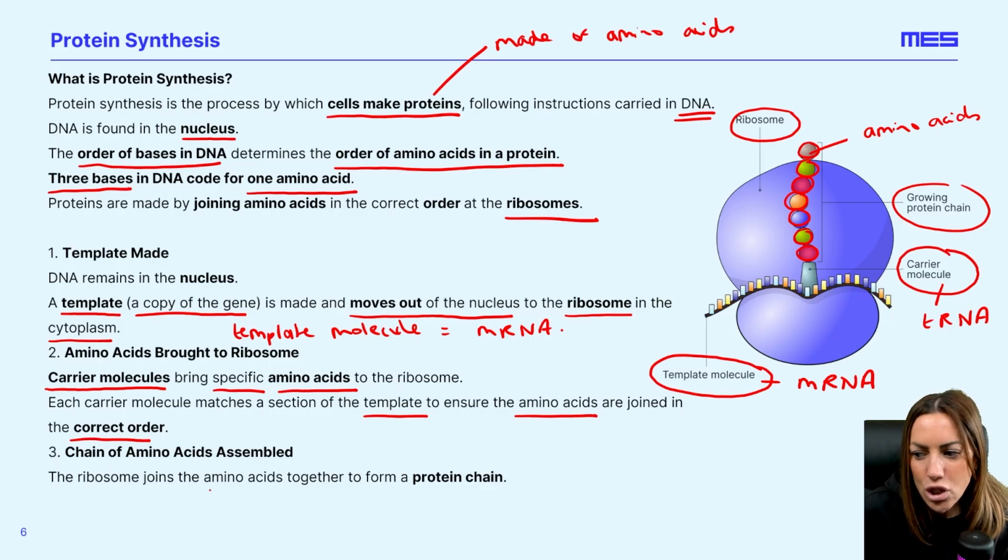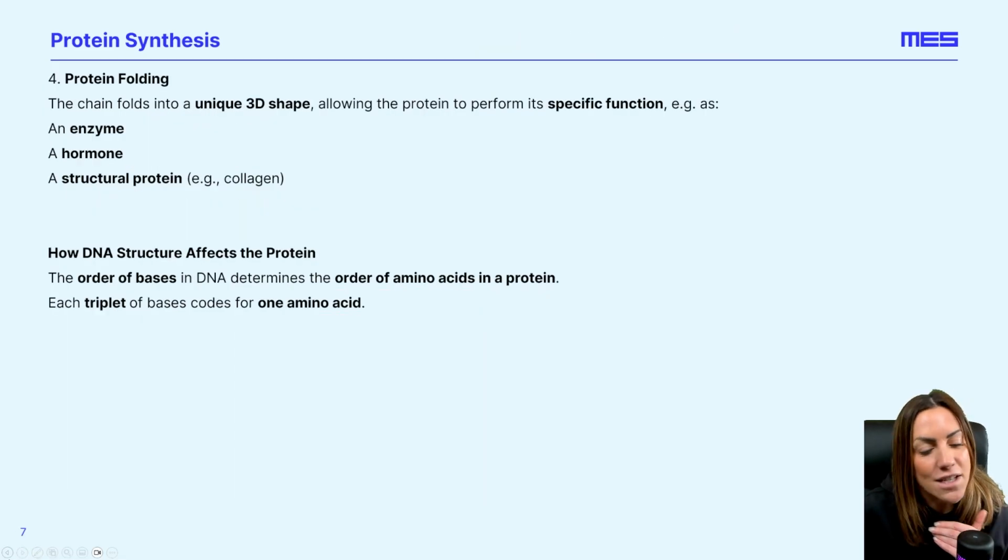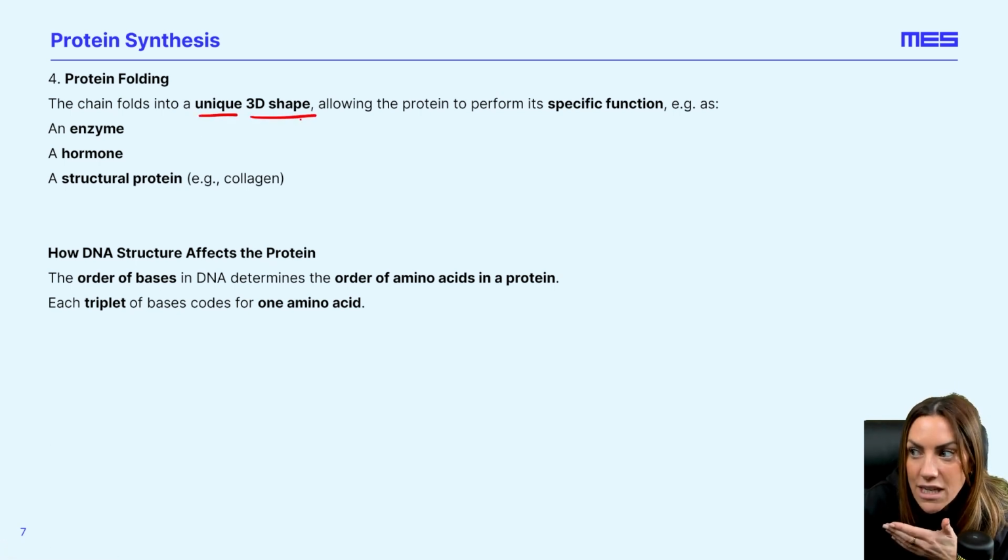So the ribosome joins the amino acids together in the correct order, and that's what forms the protein chain, the chain of amino acids. After the chain of amino acids has been formed, it will fold to create a unique 3D shape. Each protein has a unique shape, right? A unique 3D shape. And that shape is going to help the protein to perform its specific function.